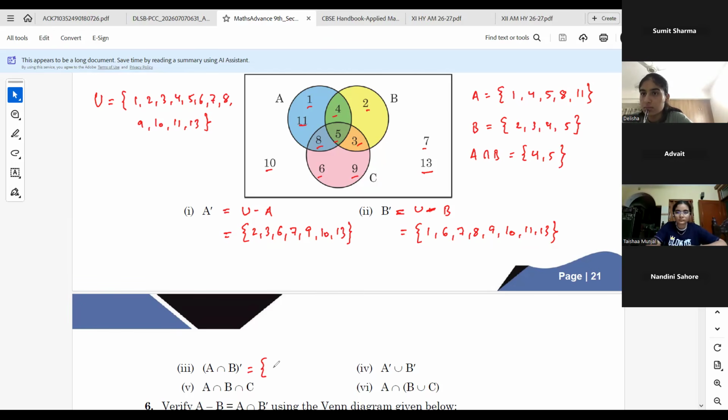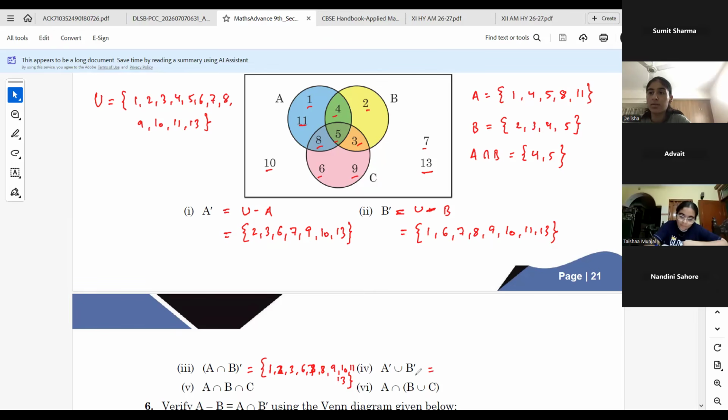So it will become 1, 2, 3, 4, 5 we don't have to include, and then 6, 7, 8, 9, 10, 11, and 13. These are the elements of (A intersection B) whole complement.